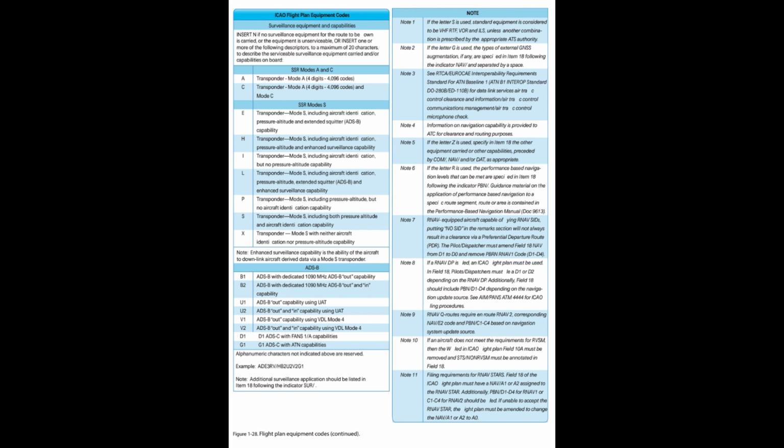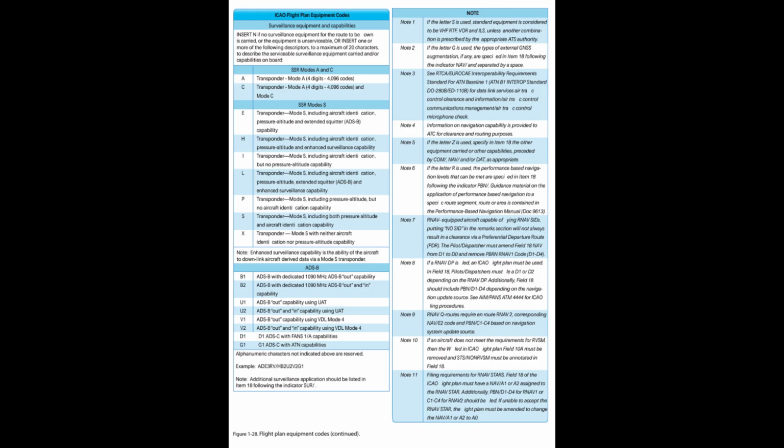ERAM also will use ICAO FP processing, and as a result aircrews should be aware that as the FAA updates to ERAM, the standard FAA flight plan equipment suffix codes will change to the ICAO flight plan equipment suffix codes. For procedures requiring GPS and/or aircraft approvals requiring GPS, if the navigation system does not automatically alert the flight crew of a loss of GPS, aircraft operators must develop procedures to verify correct GPS operations.